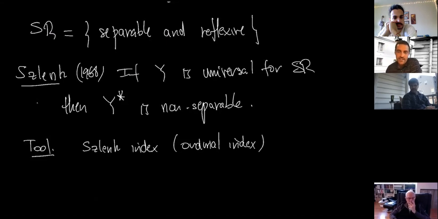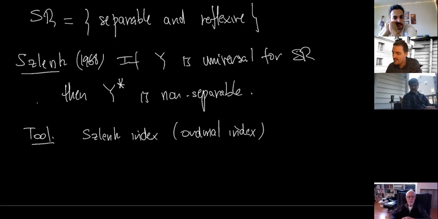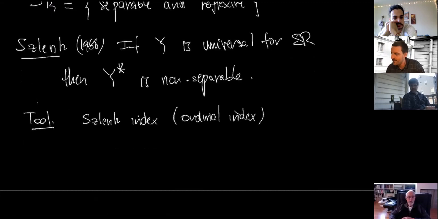The Szlenk index has had a tremendous impact in the theory of nonlinear classification of Banach spaces. This is a very important tool.